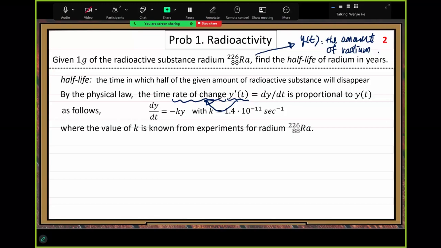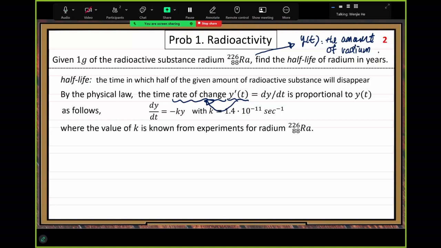K is known from experiments. Those physicists do experiments, and based on their experimental results, this constant K is given to us. For radium, you use this constant.